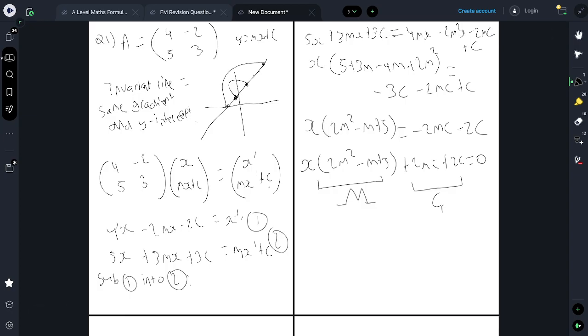You cannot do anything with x here. x varies, so you cannot set x to anything. I guess you might be inclined to say if we just rearrange the equation at the top, x was minus 2mc minus 2c over 2m squared, so we just divided through to rearrange for x. That we can't do, right? Because x can vary, so we can't set it to be a constant here.